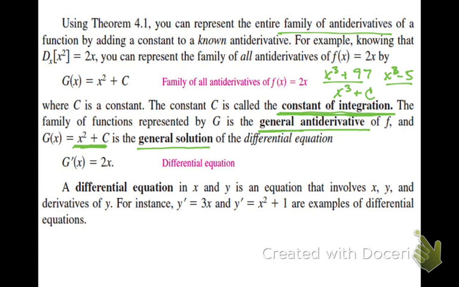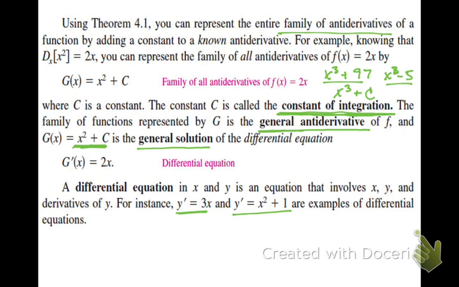I need to paraphrase this slide, but I don't want to leave the words out, so I put them all there, but you don't need to write them all down. You know what a differential equation is, correct? It's y prime equals 3x. We've solved those, right? Okay. And you have y prime equals x squared plus 1.